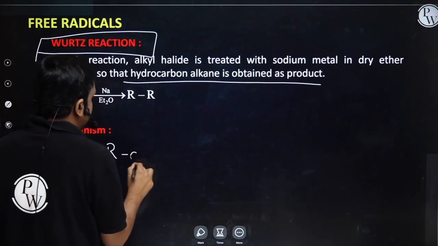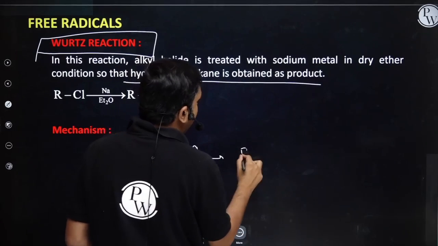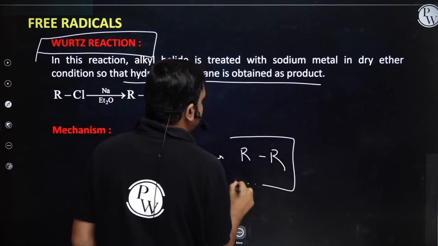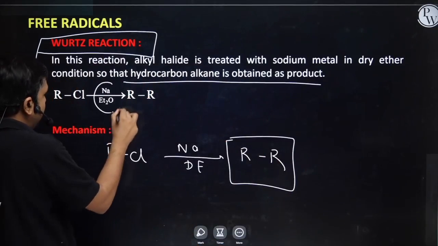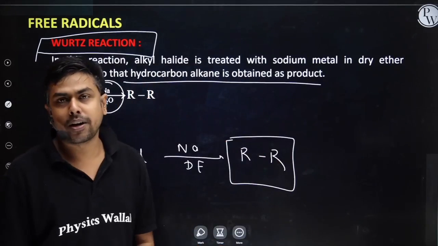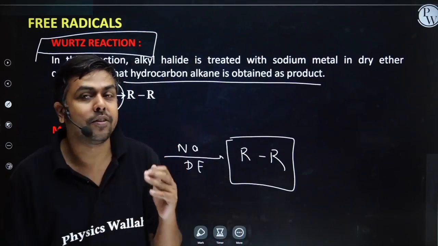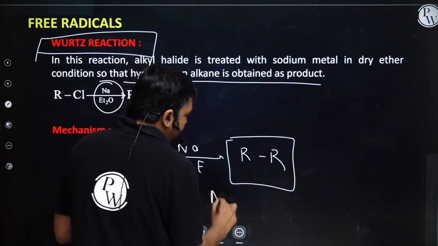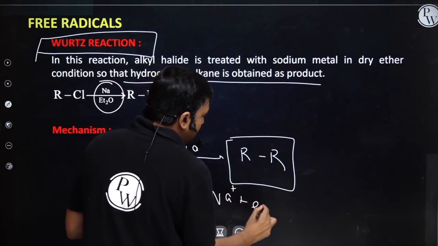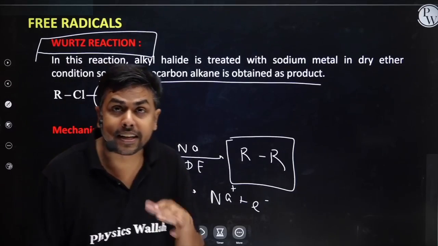RCl treated with Na in the presence of dry ether will have the formation of R-R. If I talk about the mechanism of this reaction, first sodium in the presence of polar aprotic solvent will undergo de-electronation, will undergo oxidation. Na will undergo oxidation, it will release one electron. Now, this RCl will undergo homolytic cleavage.